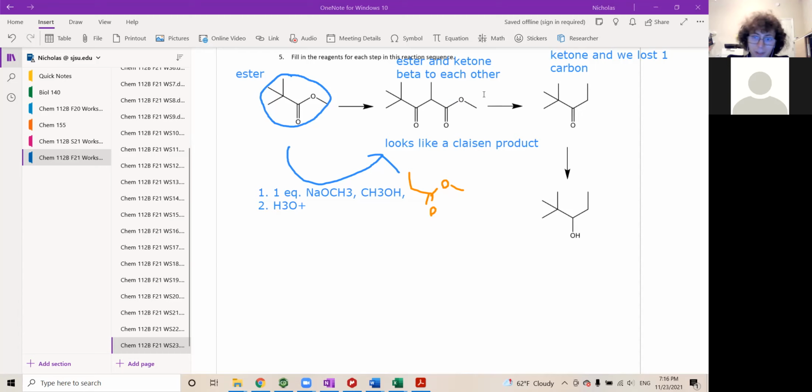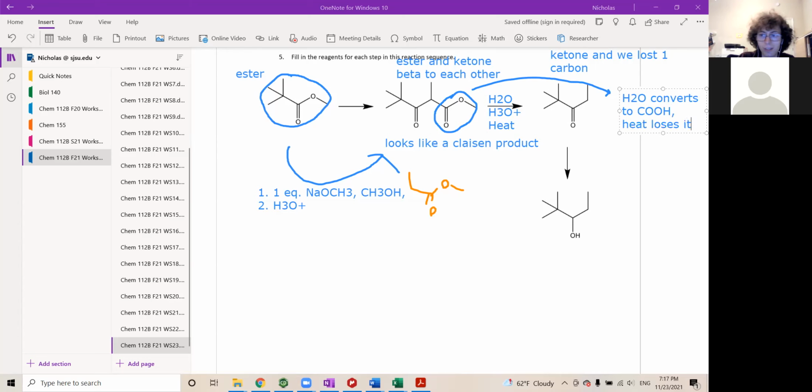So you guys got that. Water, acid, heat is what goes here. Because water converts it to a carboxylic acid, then heat loses it as carbon dioxide.